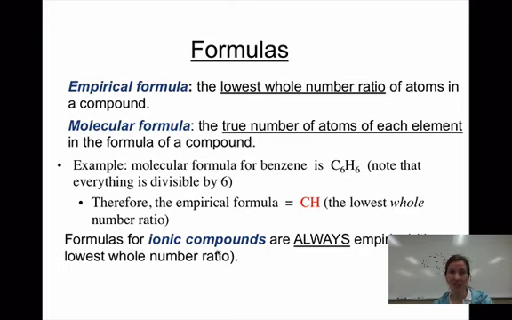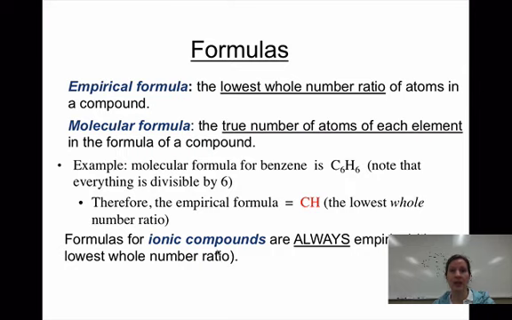But with this particular problem set, we can only get empirical formulas out. So to get the true formula, you actually need a little bit more information, and I'll show you how that works. But for an example here, looking at that benzene molecule, C6H6, the empirical formula, the lowest whole number ratio, is just CH, and that's all the data that we could get out of this type of problem.